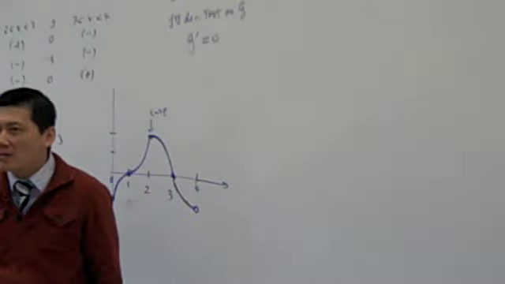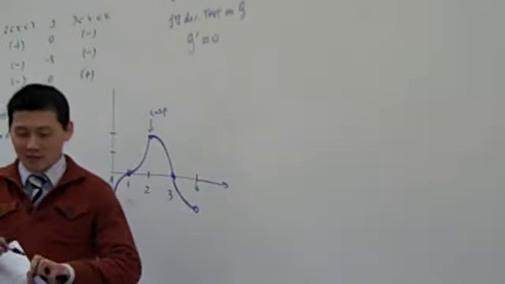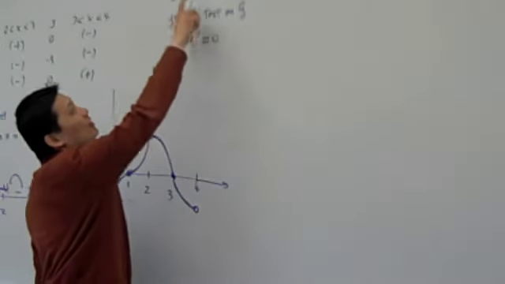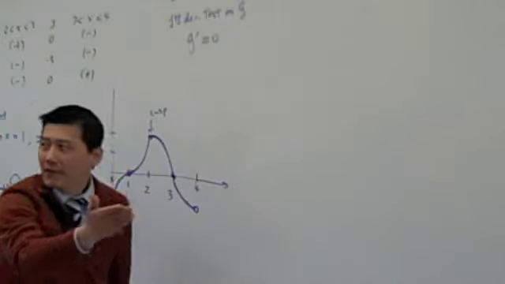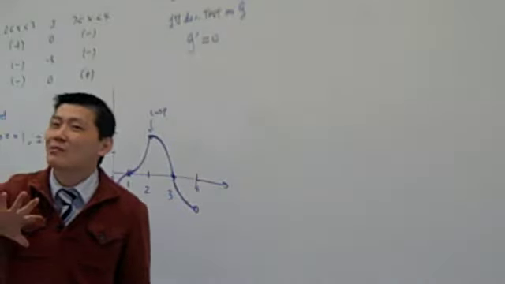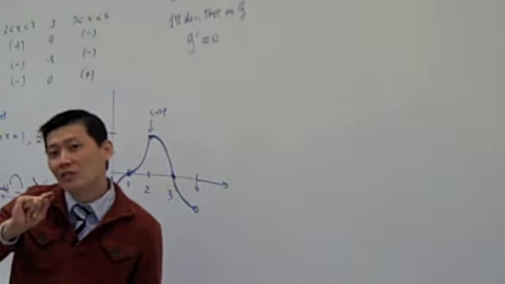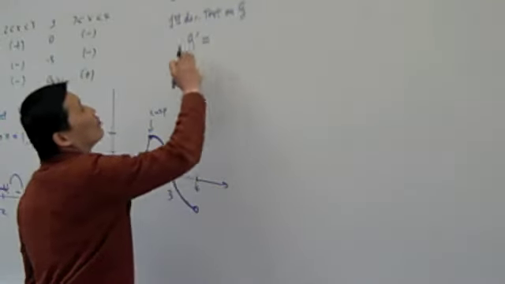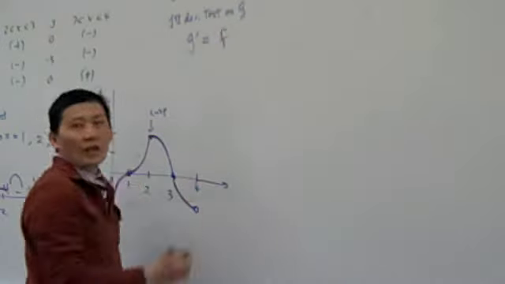But for G prime, we have to back up a little bit, right? G is the integral of f, so G prime is f. That's it. So G prime is just f.